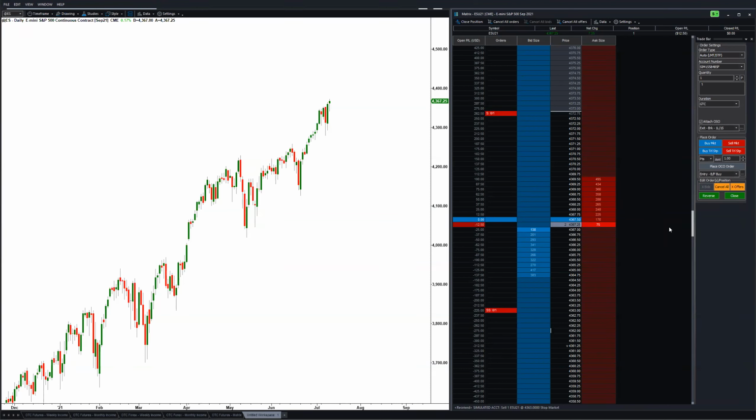The tick is the smallest increment. Exactly, Renee, perfect. The smallest increment is $12.50, right? So every single tick with one contract up makes me $12.50, and every single tick down, I lose $12.50, right?